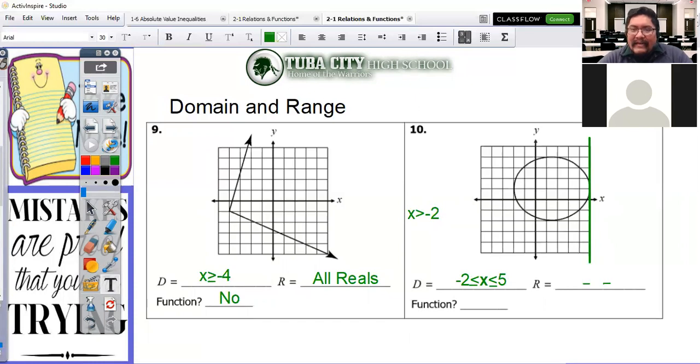Now, the same thing is going to happen with the range as well. We know we're going to end up with another between statement. So I'm going to just write this one a little bit more. Again, imagine a line coming from the bottom to pick our lowest value, which is -2. But our y value has to be bigger than -2.